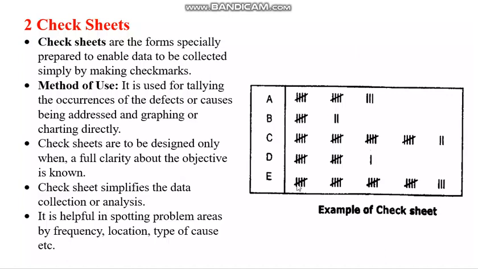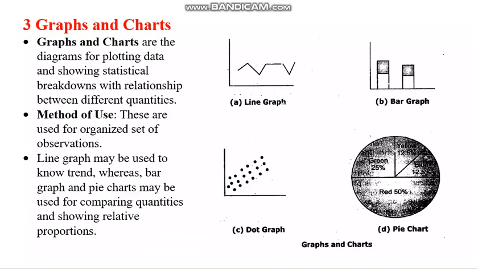In this case, E has 23 occurrences and C has 22 occurrences. These are the two things where you have to pay attention. The other things are not occurring so frequently. Like that, the check sheets are used.